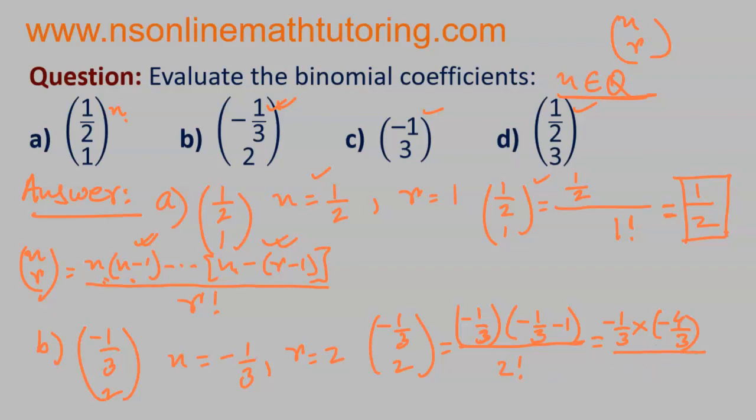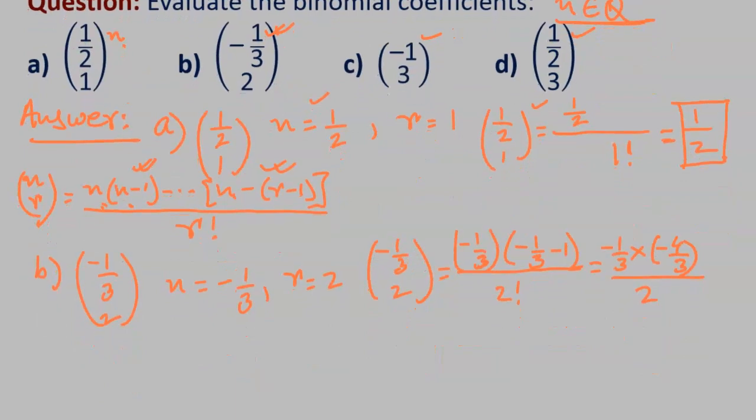And 2 factorial is 2. So this is equal to, and negative times negative is positive. So 1 times 4 is 4 over 9. So 4 over 9 times 1 over 2, which is equal to 2 over 9.